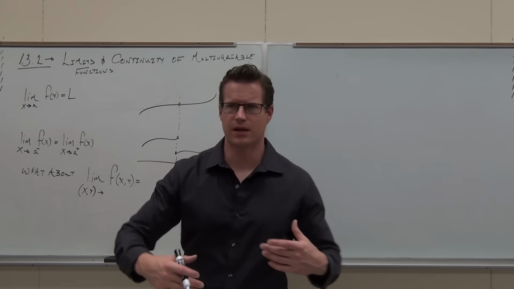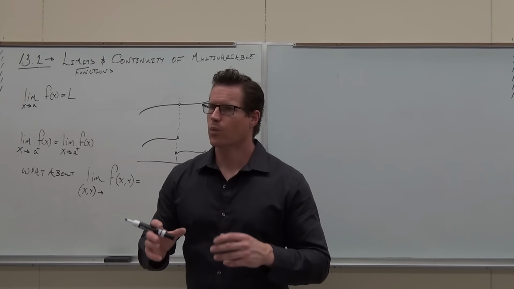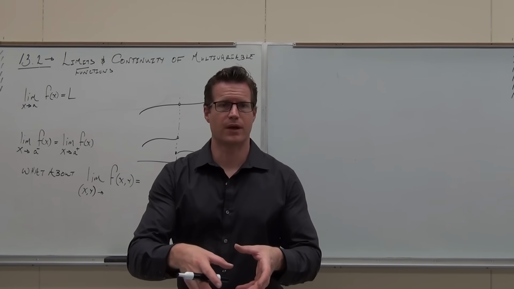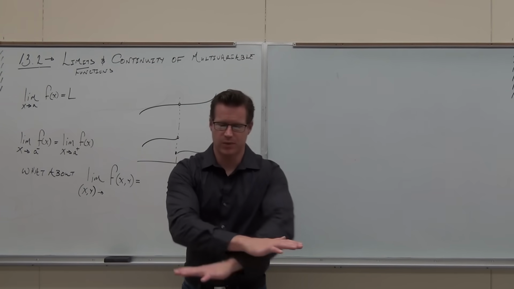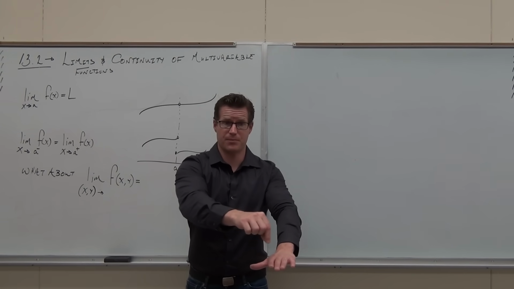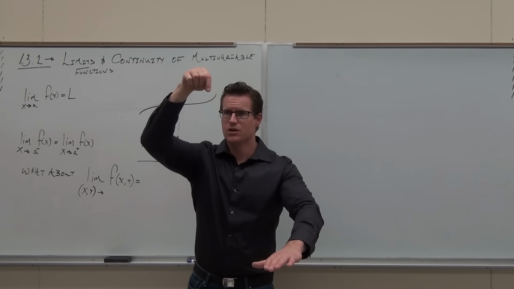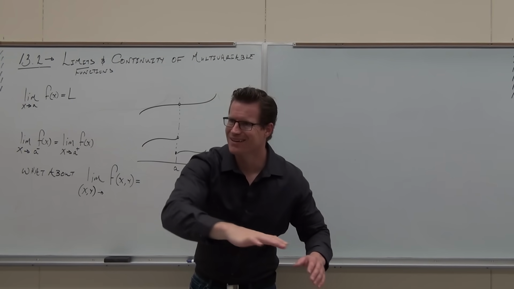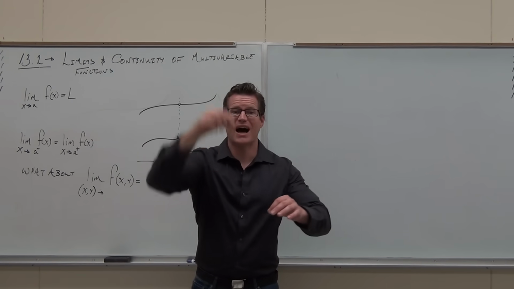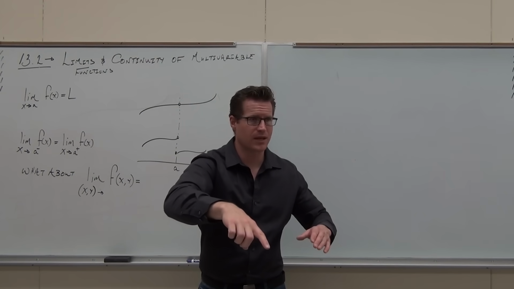What we're doing here is plugging in an ordered pair. That ordered pair is along the xy plane, and it gives us a height above the point on the xy plane. Does that make sense? So we have to traverse the plane now and see what the height is doing as we traverse it.